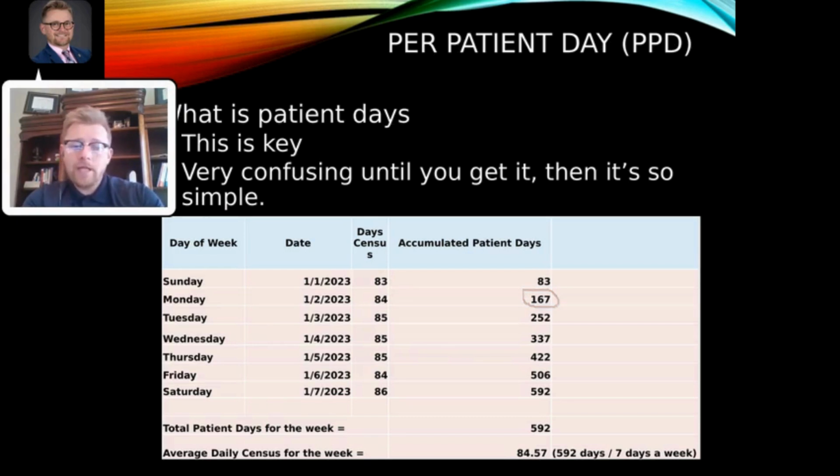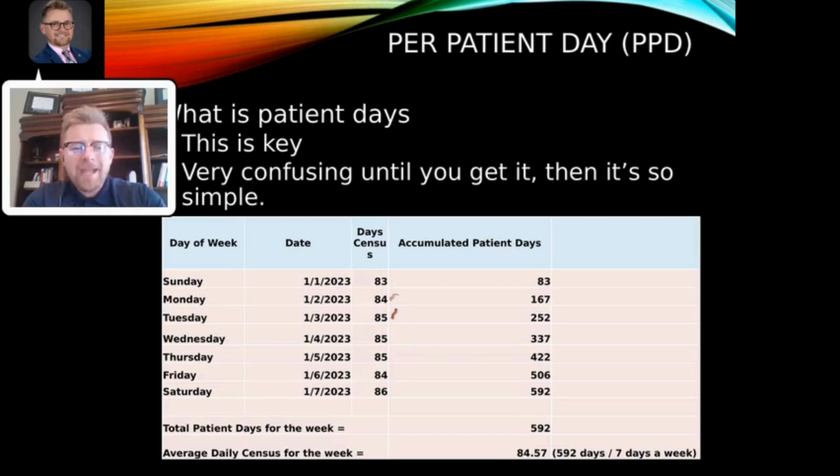Now let's go to Tuesday. On Tuesday, you have another admission. On Sunday, you had 83 heads in the bed, 83 patient days. On Monday, you added one more, so you now have 84 heads in the bed. On Tuesday, there's another one, so now you have 85 heads in the bed.